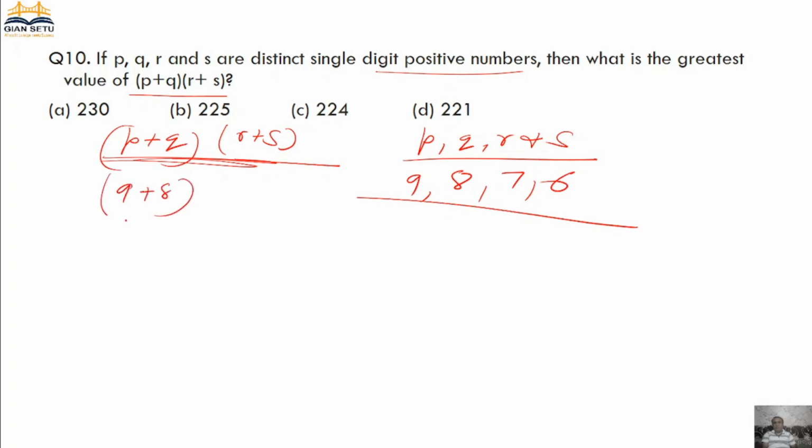P plus Q will be 9 plus 8, and let's assume R plus S is 7 plus 6, and it will be 17 into 13, and it will be 221. So right answer is D here.